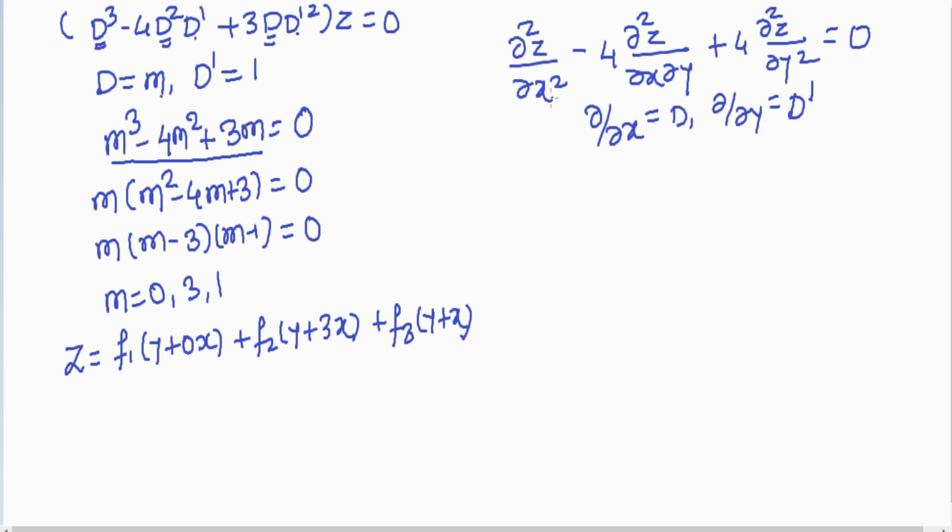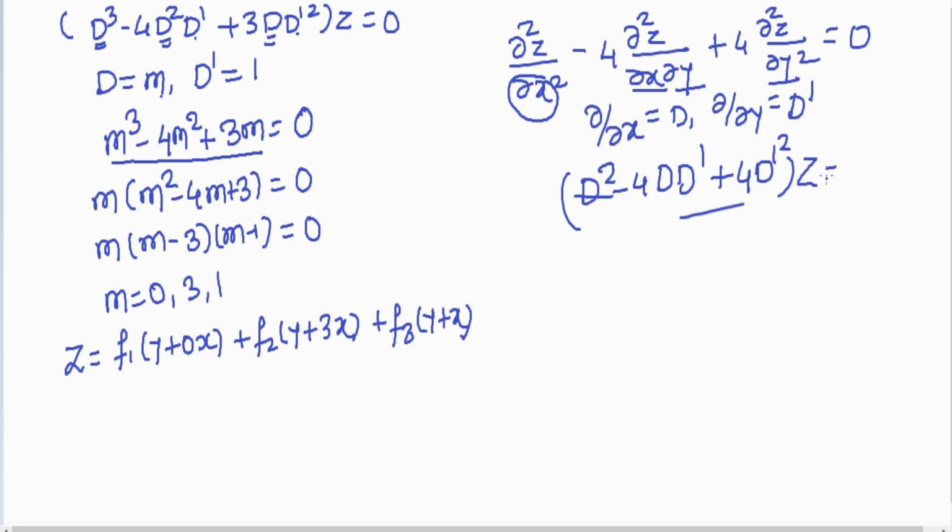Now how to write this? This is x squared, so it will be directly D squared minus 4, del x here D, del y here D dash, plus 4 into del y squared here D dash squared, operating on z equal to 0.